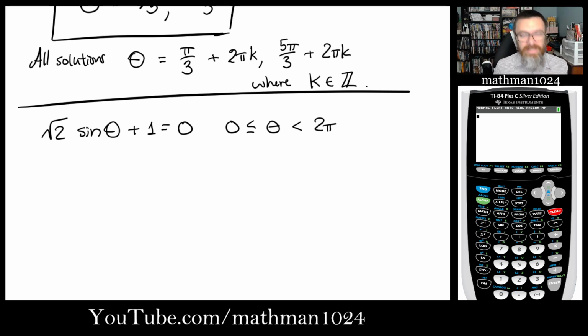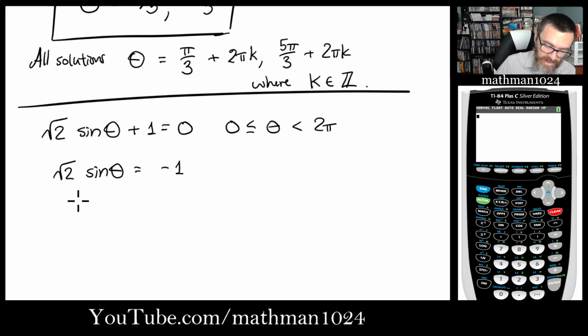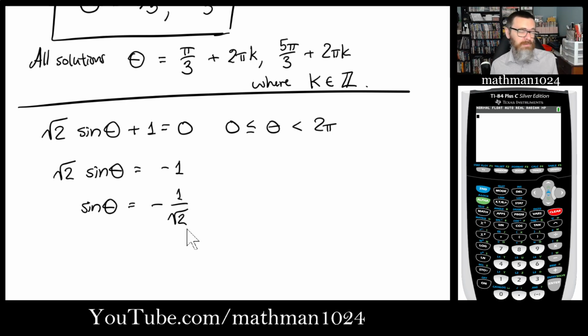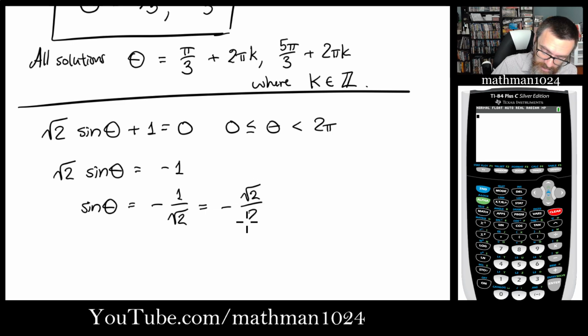So let's get this trigonometric function by itself first. Step by step, we move the 1 to the other side, and then we divide both sides by the square root of 2. Now, this is kind of gross, so we want to make sure that we rationalize the denominator, and we have negative square root of 2 over 2.